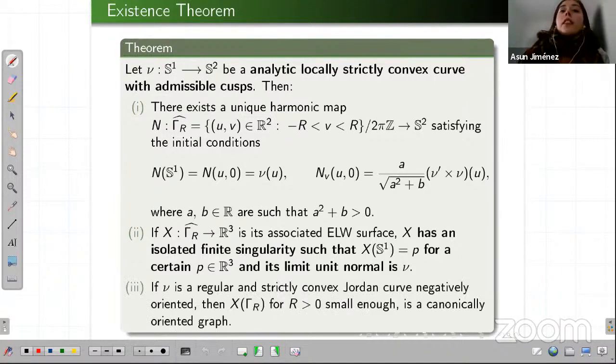And if the curve that you start with is a strictly convex Jordan curve, in fact, the surface that you construct is embedded, and a certain orientation on the curve inherits the canonical orientation on your surface. I'm not entering too much into details. For the case when the slope is bounded, this proof was already done for more general modular equation in the previous work.